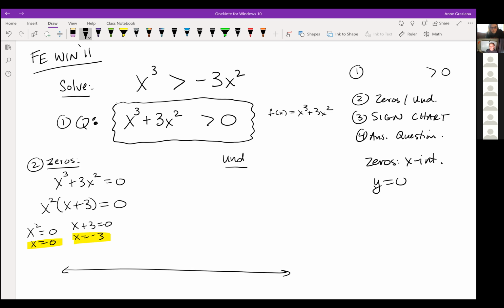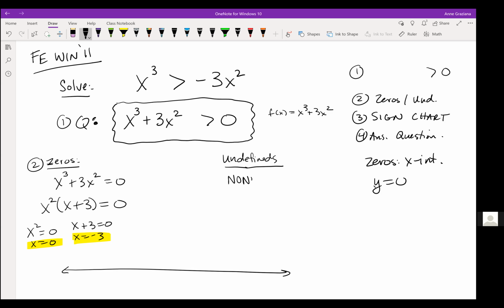Okay. Now how about Caden? Are you there? What about my undefined part? What are my undefines here? How about Miles? What do you think, Miles? I didn't get any undefines for it. I just got the zeros.